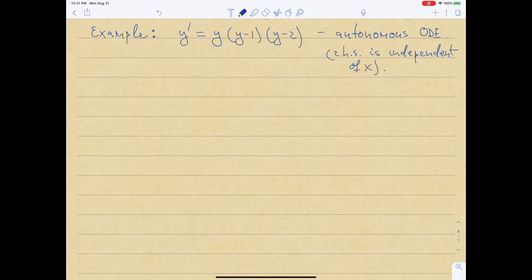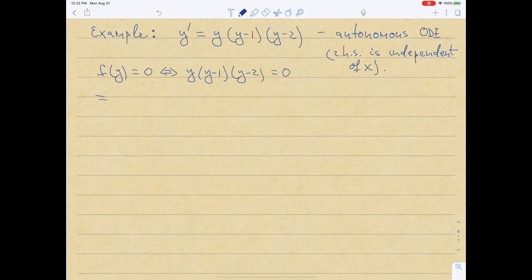So then I can see immediately where this function is equal to 0, right? So f of y equal to 0 means that I'm solving y times (y minus 1) times (y minus 2) equal to 0.